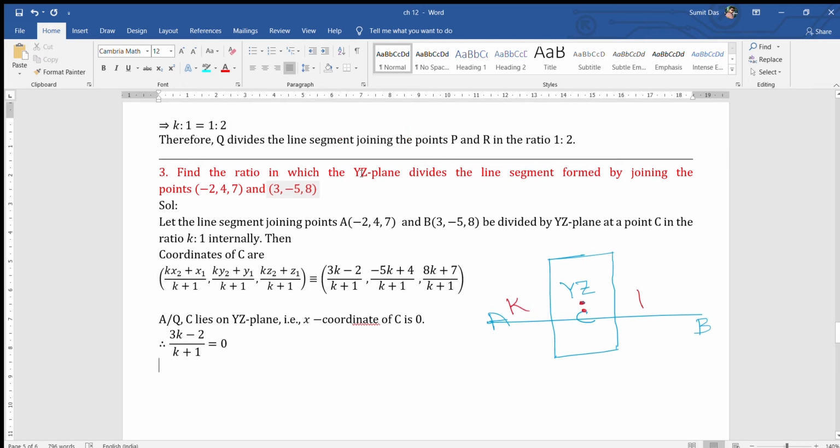Here YZ plane is given; if it were the XZ plane, where y is 0, you would take y as 0.